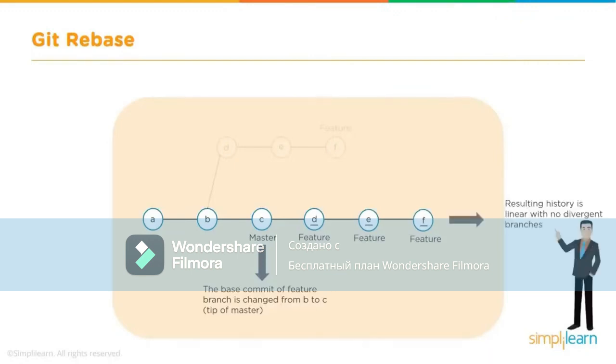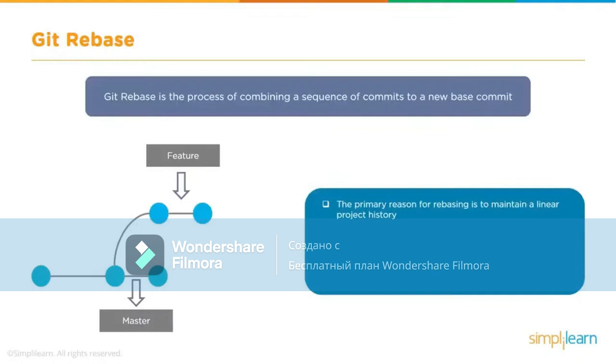Now, the benefit you have by going through the rebase process is that you're reducing the amount of storage space that's required when you have so many branches. It's a great way to reduce the total footprint for your entire project. So git rebase is the process of combining a sequence of commits to form a new base commit. And the primary reason for rebasing is to maintain a linear project history.